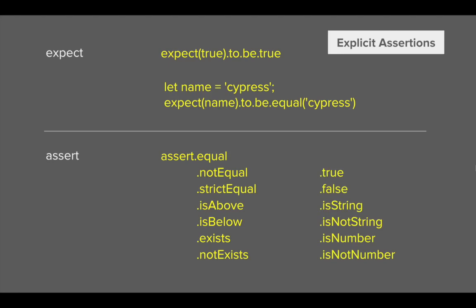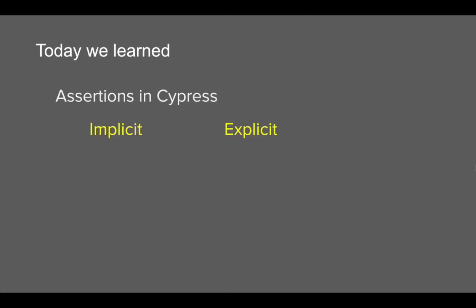So these are the explicit assertions in Cypress, and today we learned assertions in Cypress. We looked at implicit and explicit assertions. We understood what implicit assertions and explicit assertions are, and we did hands-on on implicit assertions using should and and commands, and on the explicit assertions we did hands-on using expect and assert.